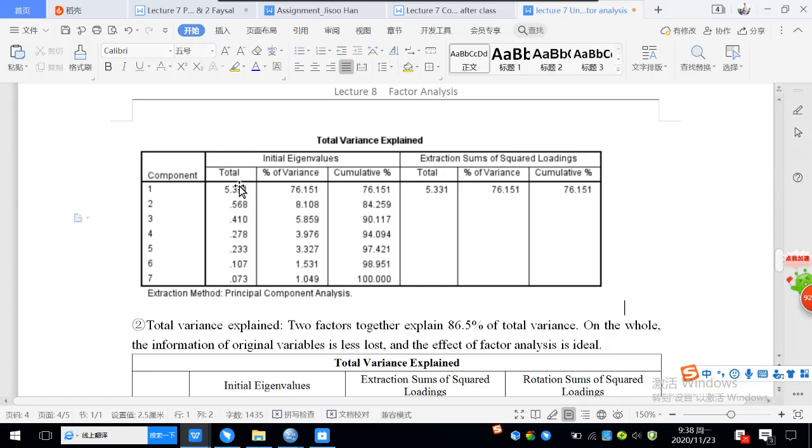Let's look at the initial eigenvalue. For component 1, the initial eigenvalue is 5.331.